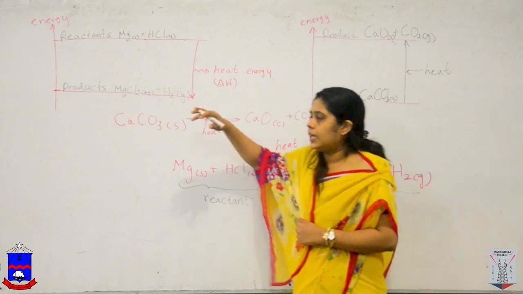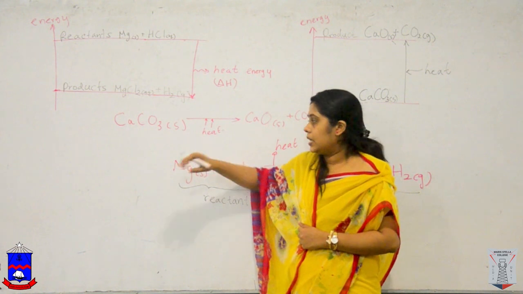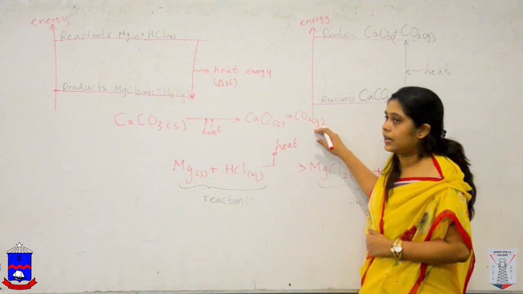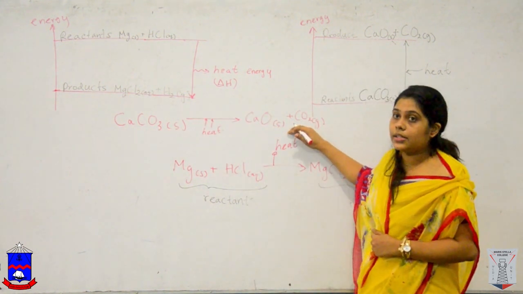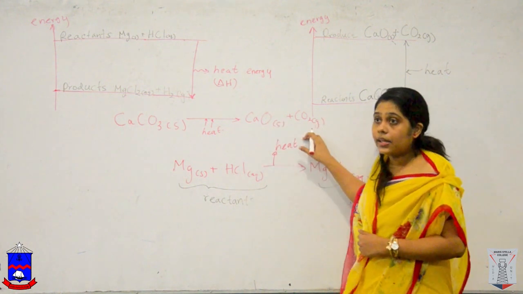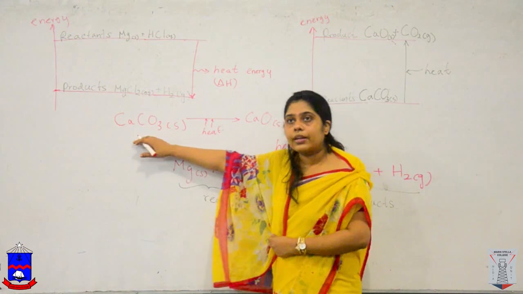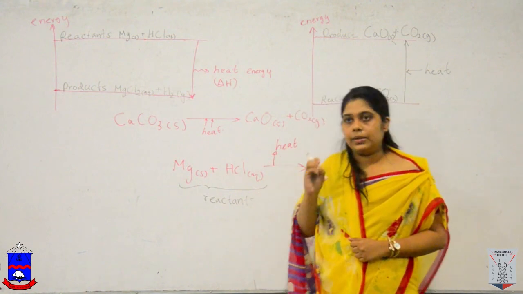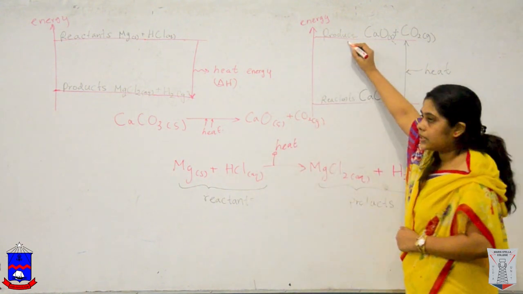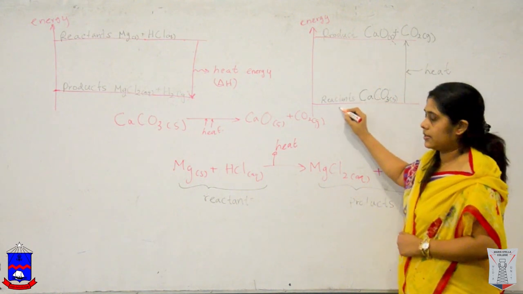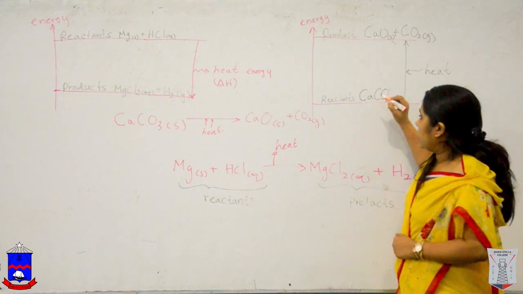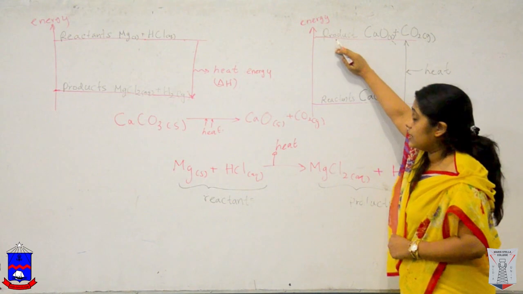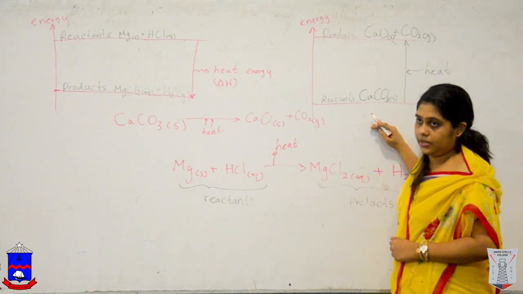That means the products, calcium oxide and carbon dioxide, contain more energy than calcium carbonate, because the calcium carbonate has absorbed extra energy. So the energy of the products is higher than that of the reactant, calcium carbonate.